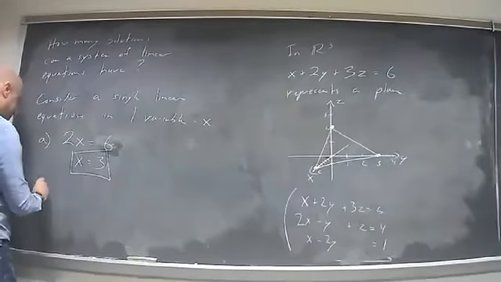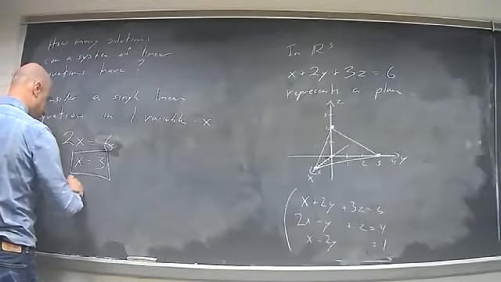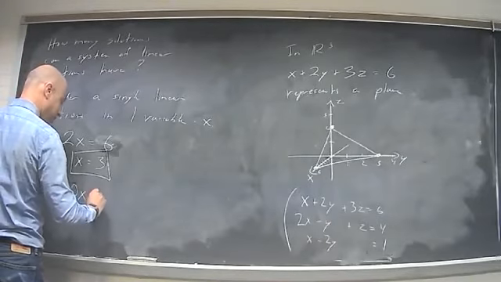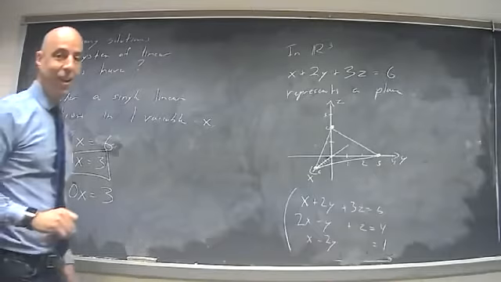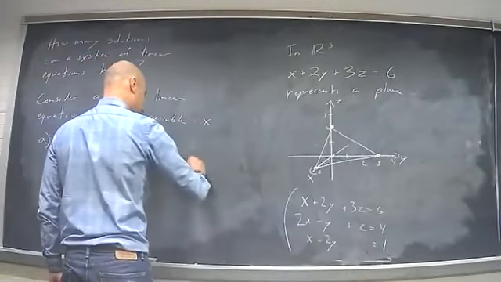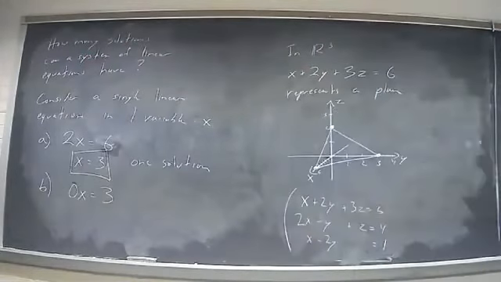How about this one? 0x equals 3. How many solutions? So this had one solution. How many solutions does that second equation have?